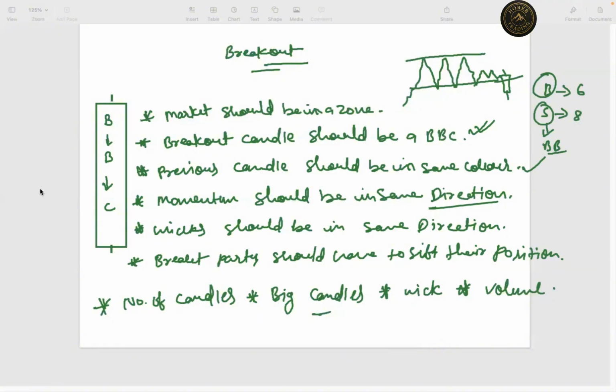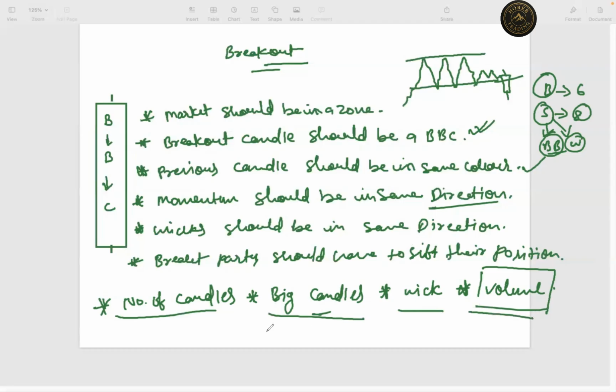You have to check the volume. It's very important. You check the wicks, but all this is to know which party is stronger before the breakout. Sometimes the momentum is not clear on the market, so you have to measure the base market story.